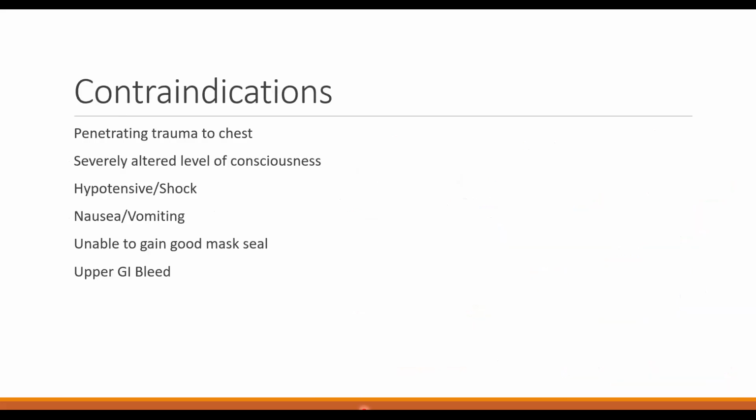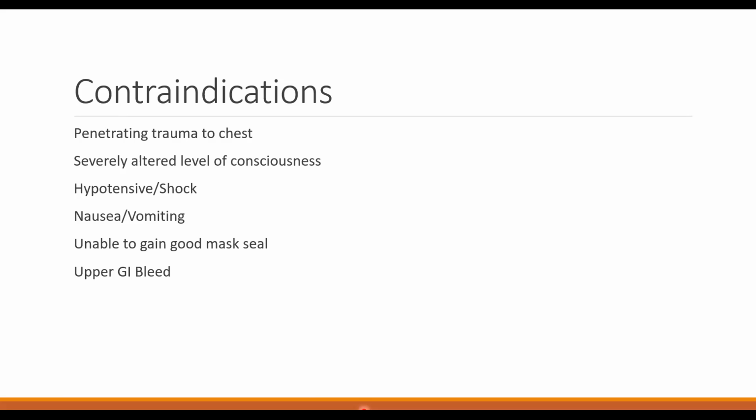Contraindications for CPAP. We don't want to use it for penetrating trauma to the chest. We don't want to be expanding the lungs or the chest wall out anymore if there's some sort of thing that's sticking into the chest. They have to be conscious and alert, so they cannot be altered. They can't be hypotensive or going into shock because, again, that'll be making them altered. We don't want them vomiting because that will make the vomit go right back into the lungs.